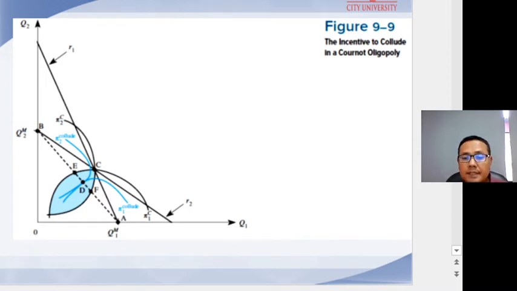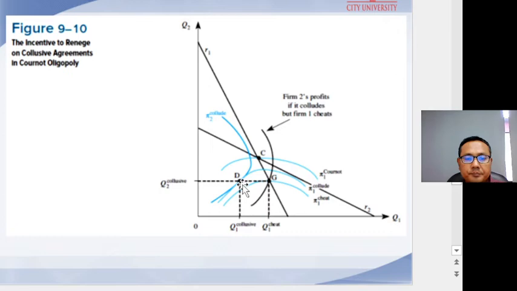Suppose firms agree to collude, with each firm producing the collusive output associated with point D in this figure 9.8, to earn collusive profit.